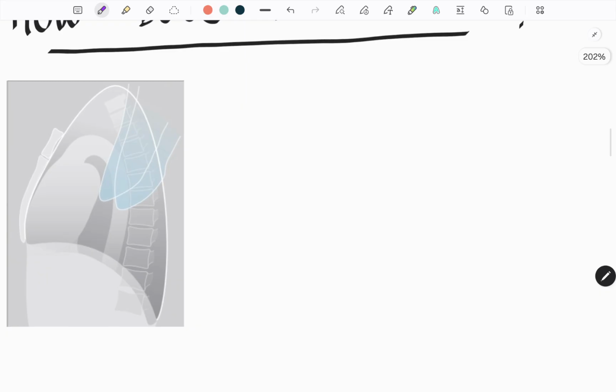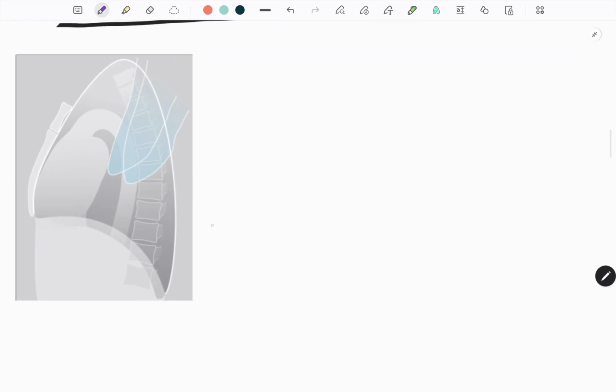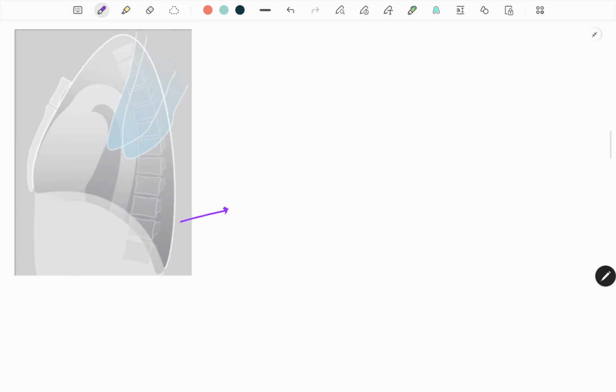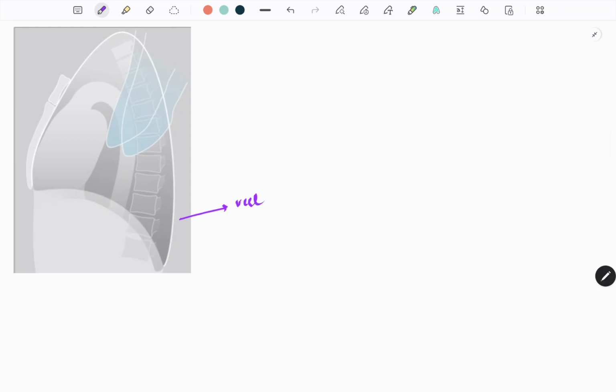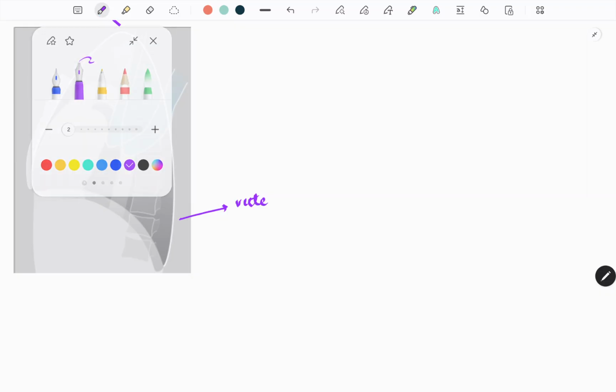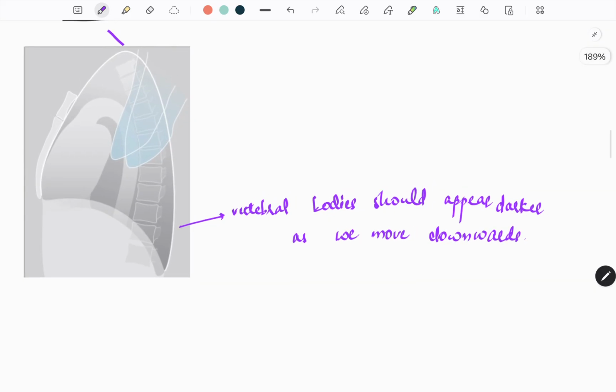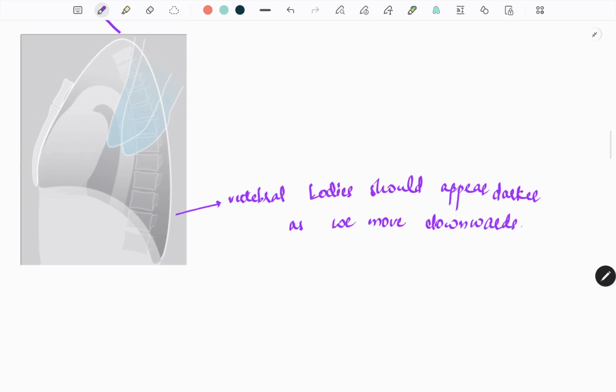As we can see here, the vertebral bodies, as we move from upwards to downwards, should appear darker as we move downwards. First of all, this.